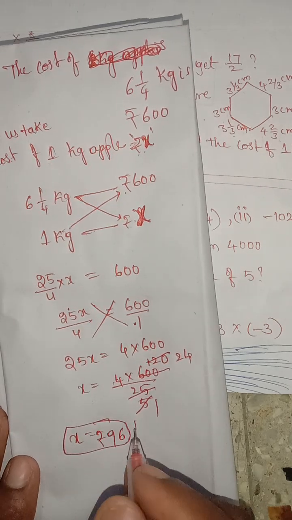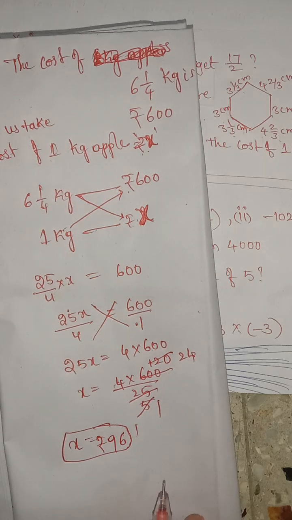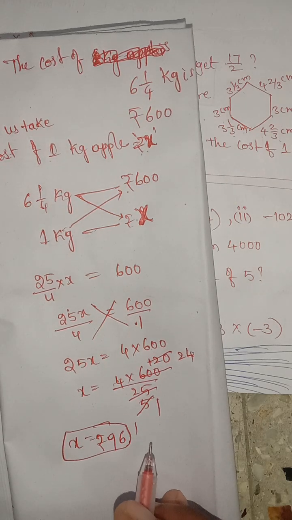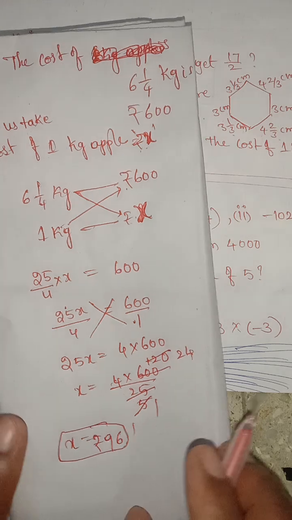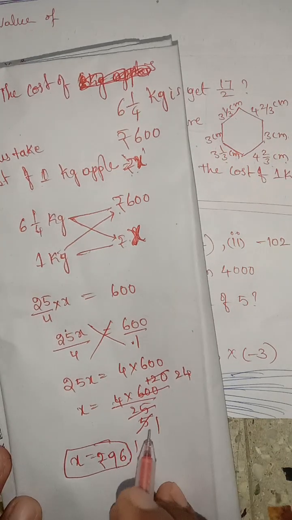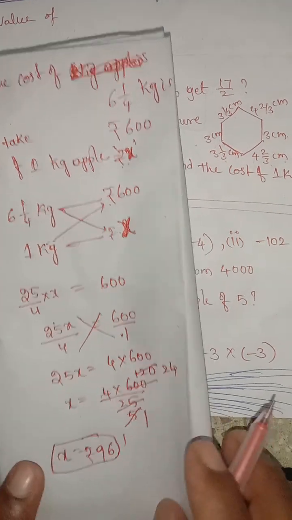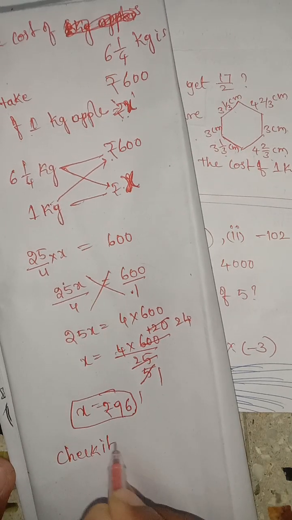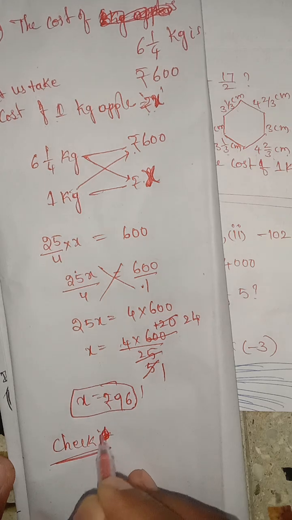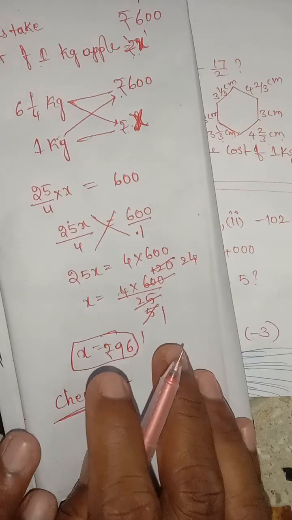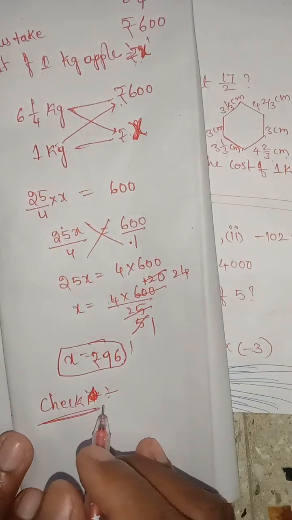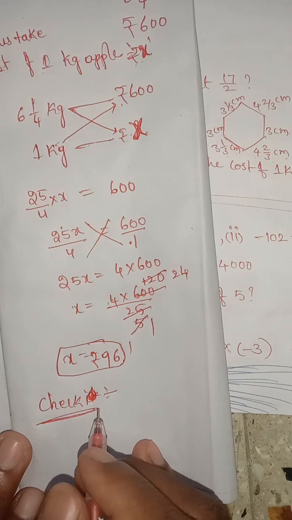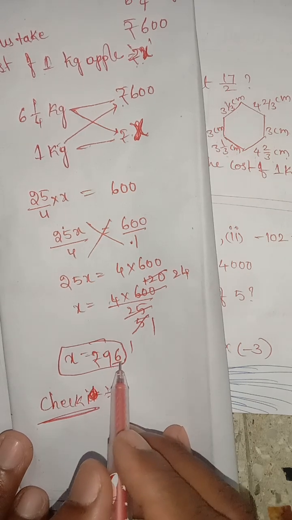So 1 kg apple equals 96 rupees, and 6 whole 1 by 4 kgs apple equals 600 rupees. Let us check it once again. 6 whole 1 by 4 kgs equals 600 rupees. The cost of 1 kg apple, we found.